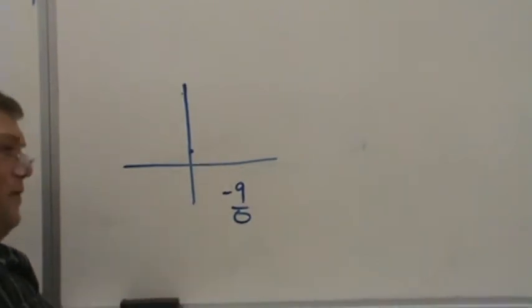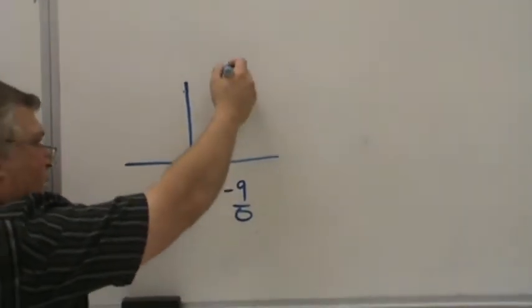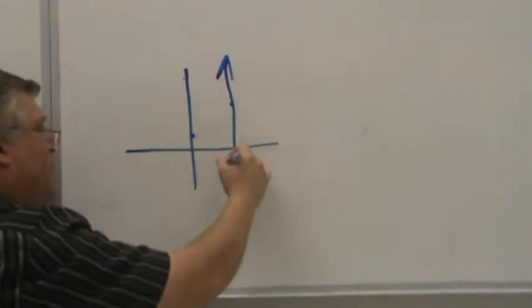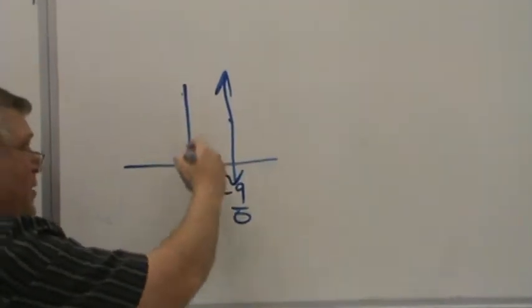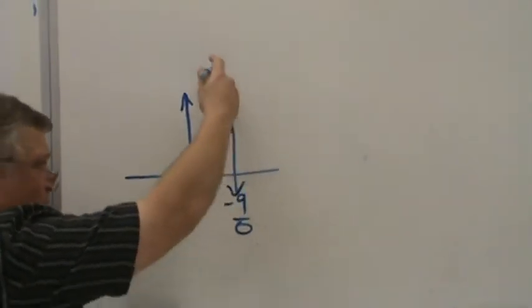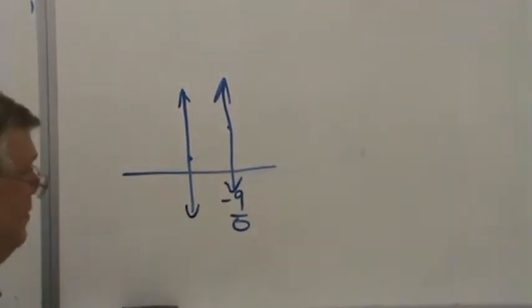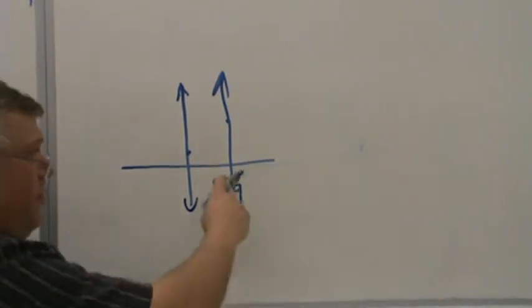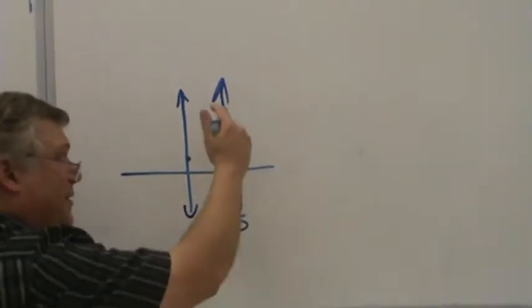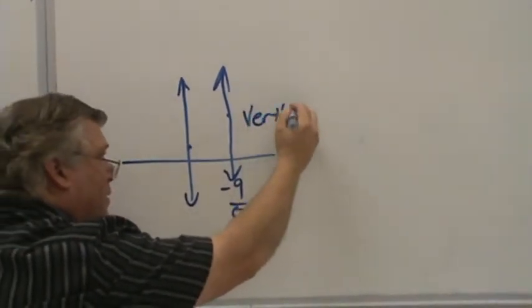I can't go left or right. So no matter where I start, I'm going to end up with a vertical line. In this case, it would be the y-axis. In this case, it would be the vertical line over here, whatever point this is. So a slope of undefined is a vertical line.